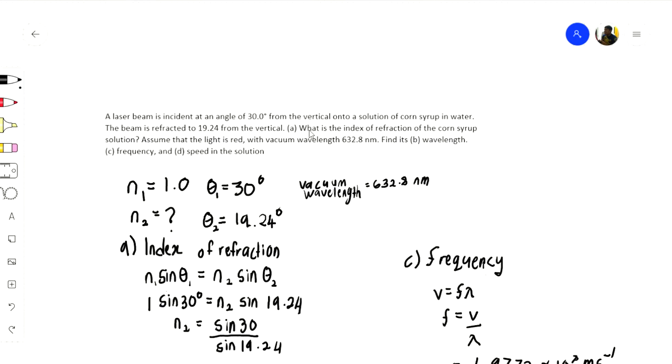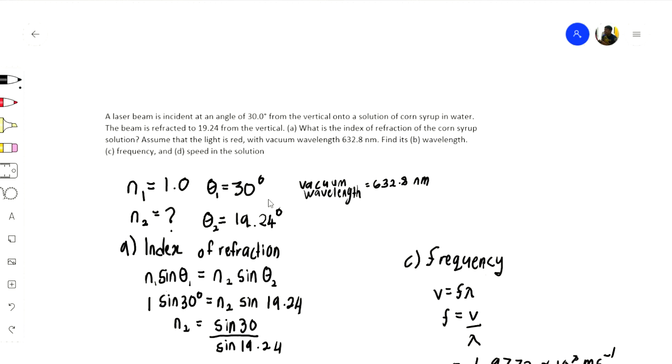A. Find the index of refraction of the corn syrup solution. Assume that the light is red with vacuum wavelength 632.8 nanometer. Find its B wavelength, C frequency, and D speed in the solution.